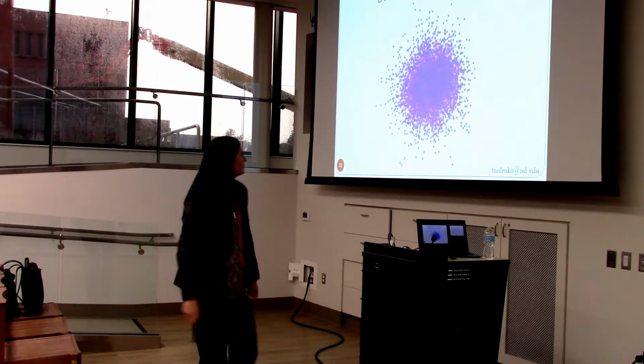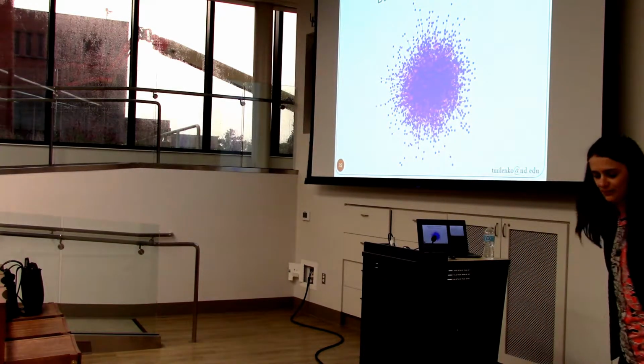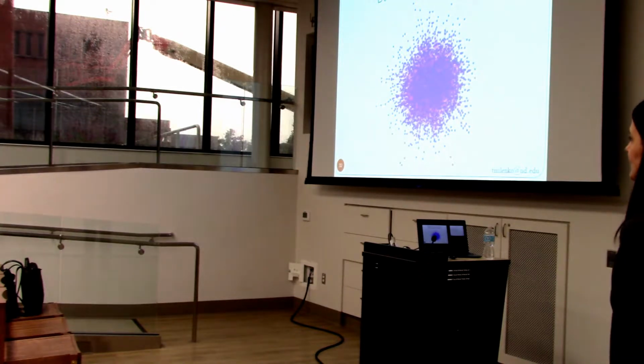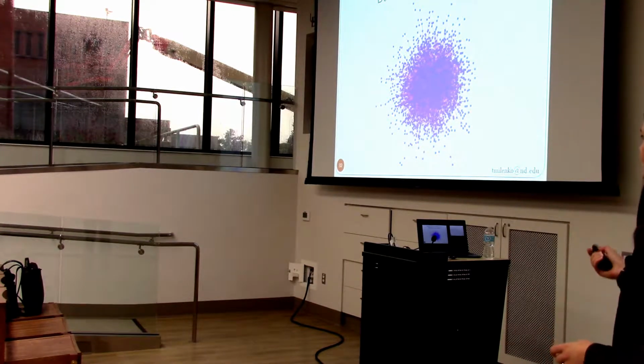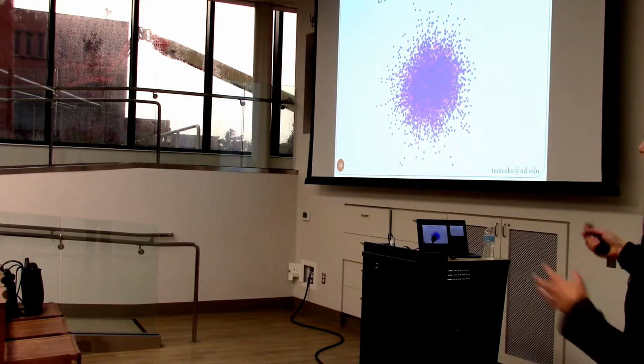Now, I gave you a couple of examples of how networks are useful, but in real life networks are so complex, they look like this, and note that this is a small network, with only 1,000 nodes. Think of networks with millions of nodes. They look like these hairballs.